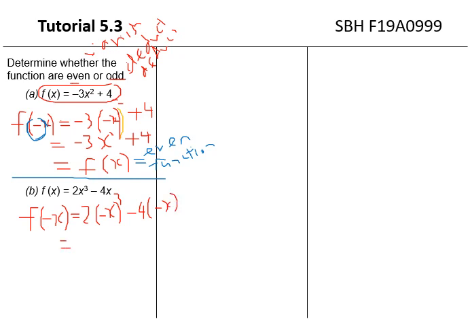When we expand it, what will we get? 2 times negative x to the power of 3 plus 4x. Now we factorize it and see what happened. Negative, 2x to the power of 3 minus 4x.